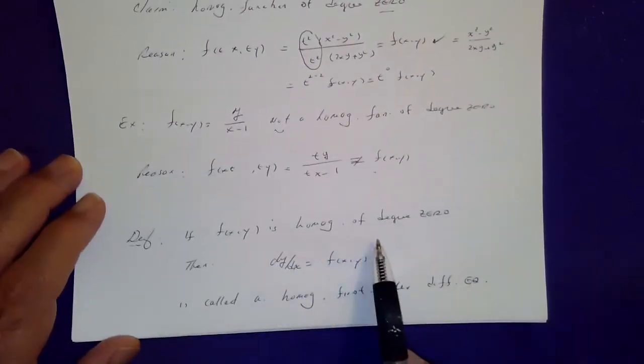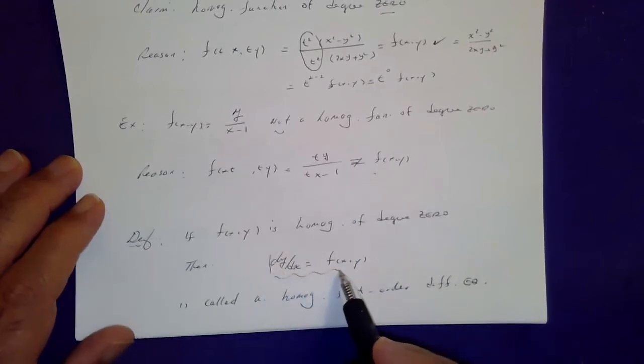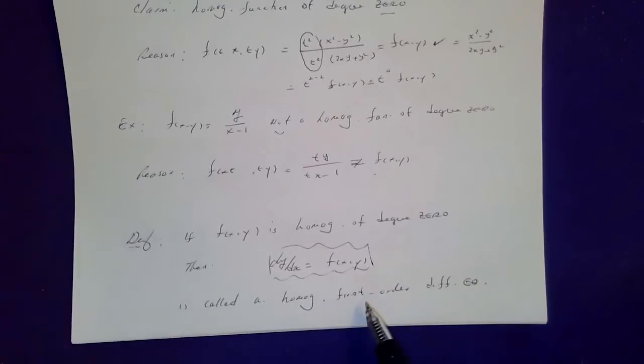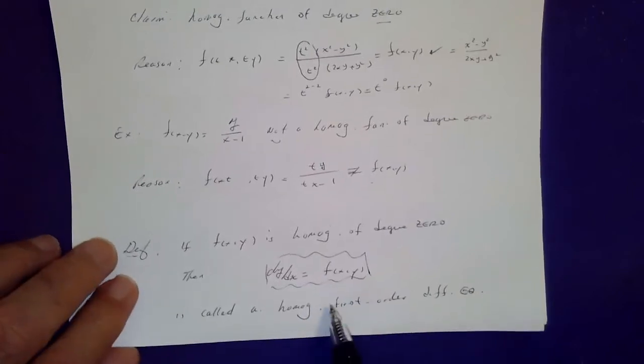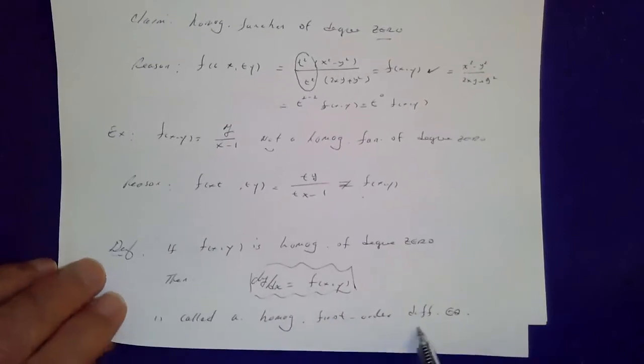So if you have a homogeneous function of degree 0, then the differential equation is called a homogeneous first order differential equation.